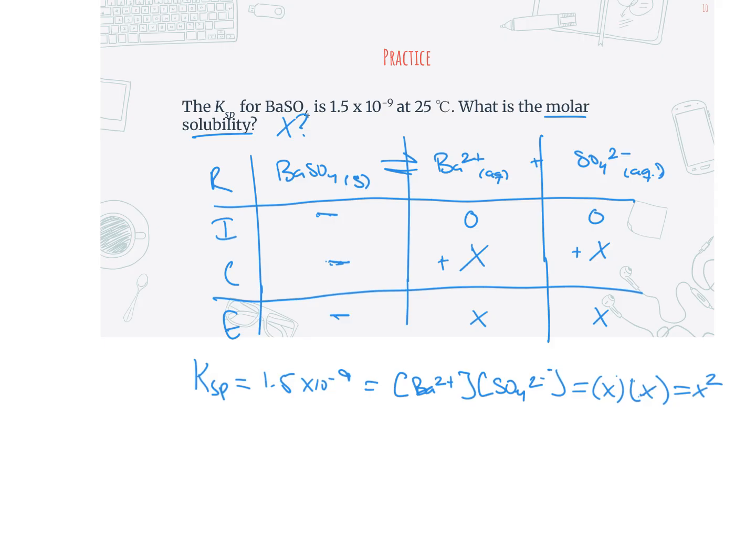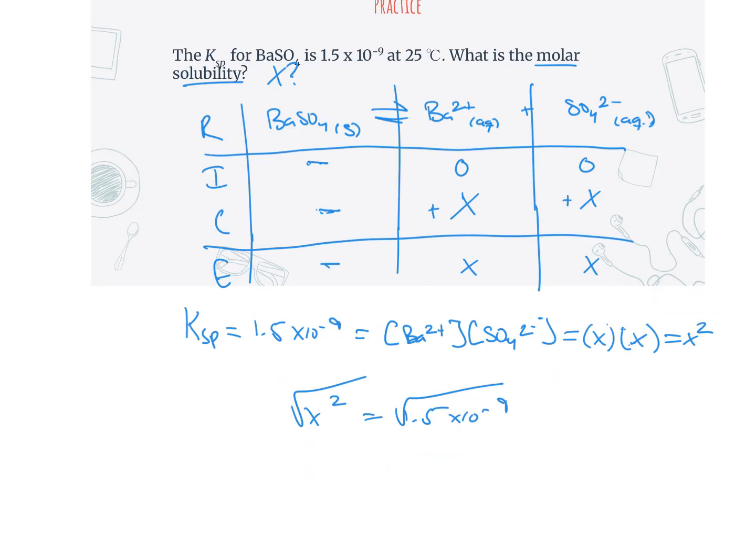So all you do is take the square root of 1.5 times 10 to the negative 9th. And so X is equal to 3.9 times 10 to the negative 5th. And this will be in moles per liter.